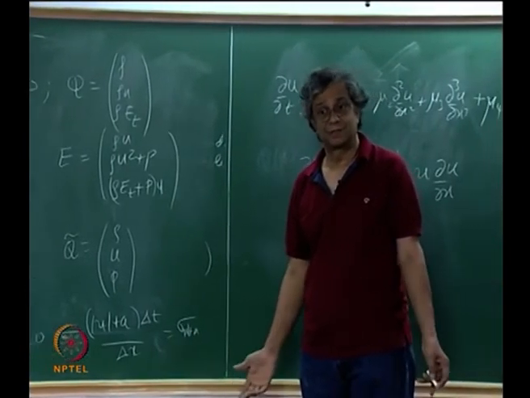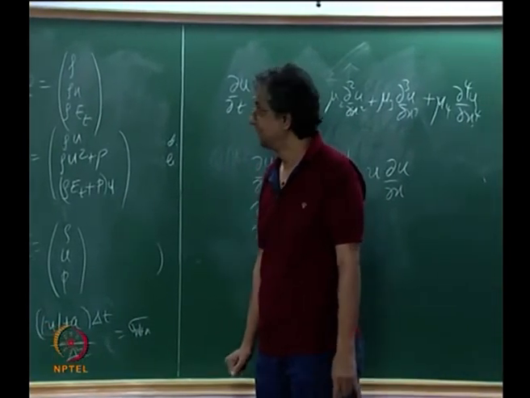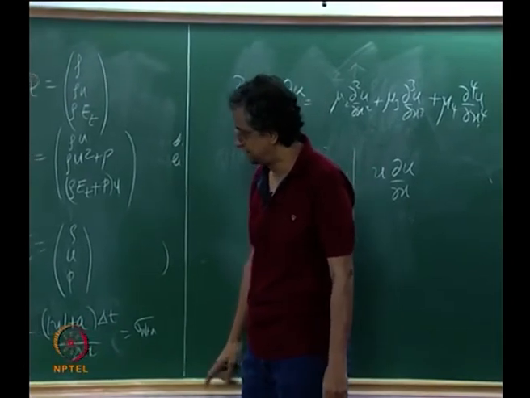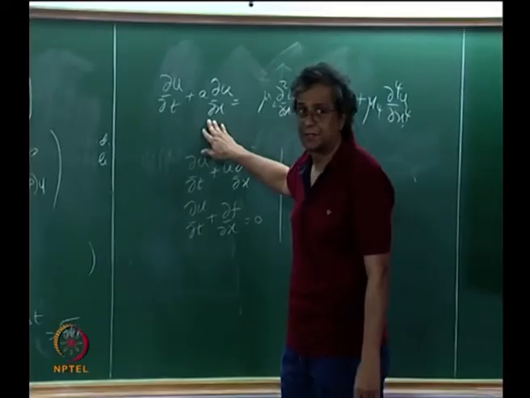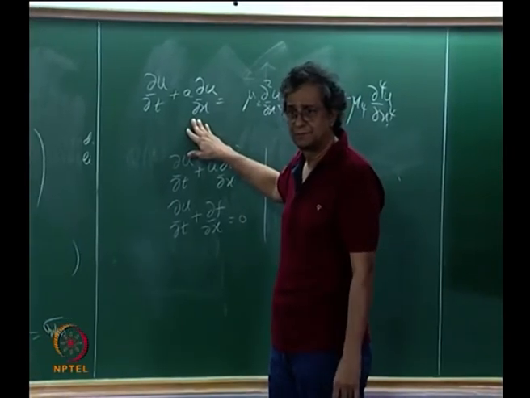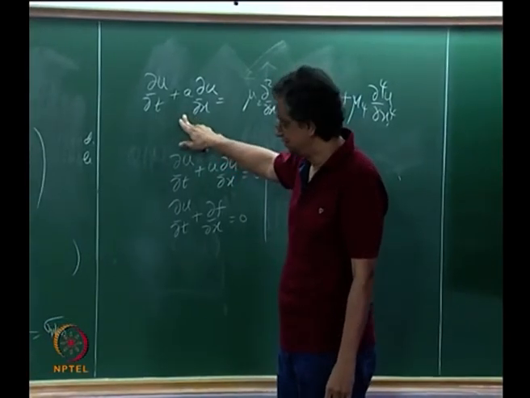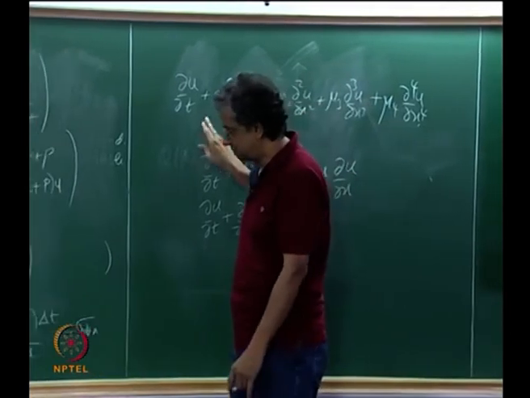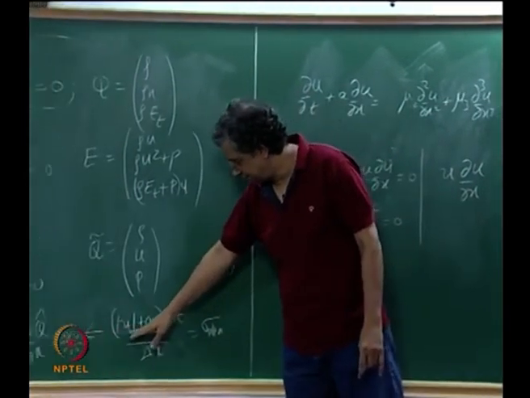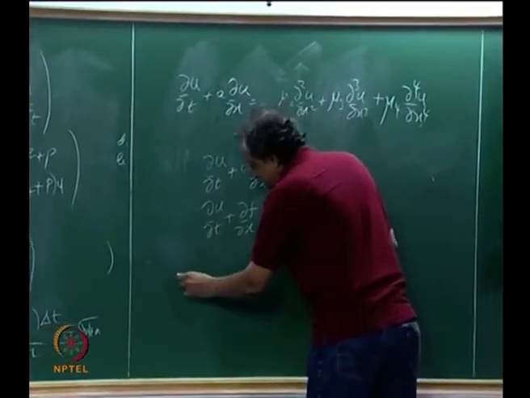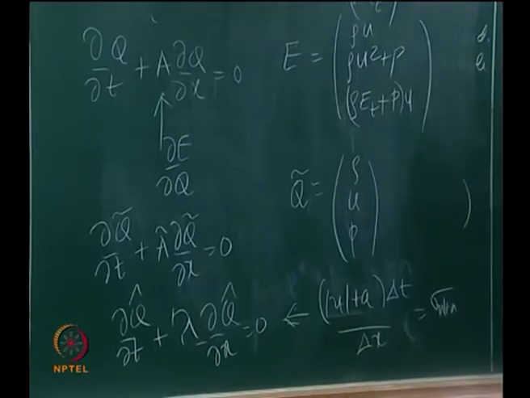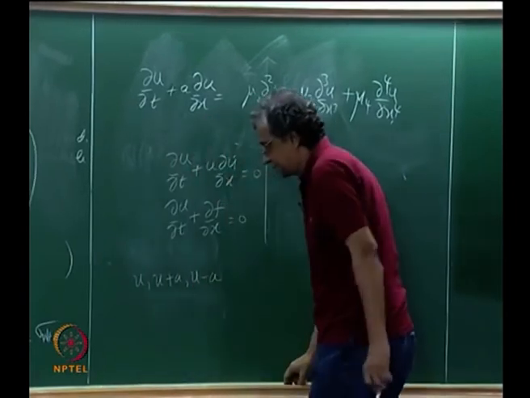We looked at the critical part of applying boundary conditions, and we decided to use the fact that this equation is propagating in a certain direction determined by A. So the eigenvalues, or the lambdas, in that equation were u plus a, u minus a, where a is the speed of sound.